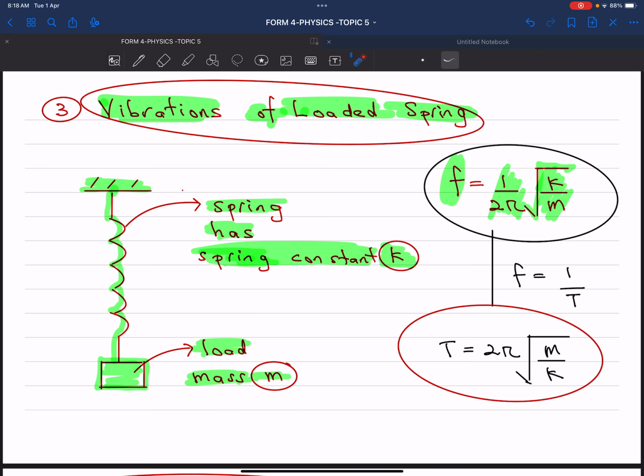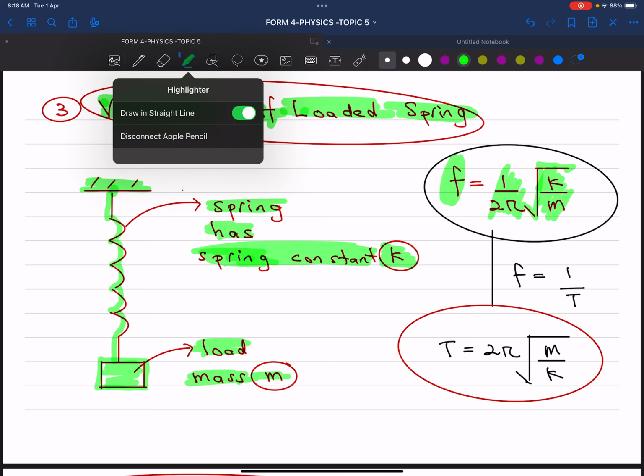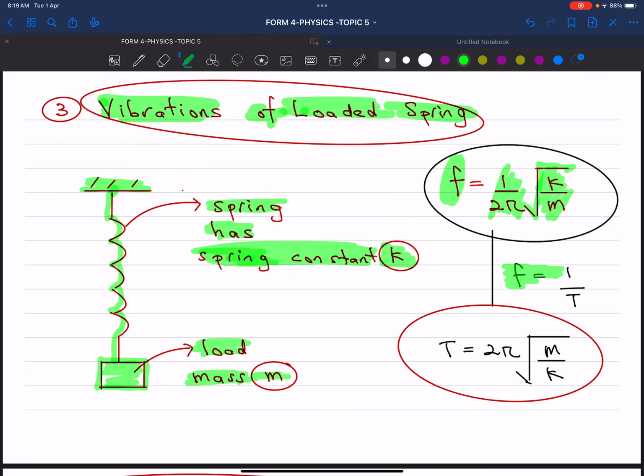Now, in the previous lesson, we learned that the frequency is equal to 1 over period T. So, from the formula of frequency, if I invert it, I can get the formula of period. 1 over 2 pi becomes 2 pi.